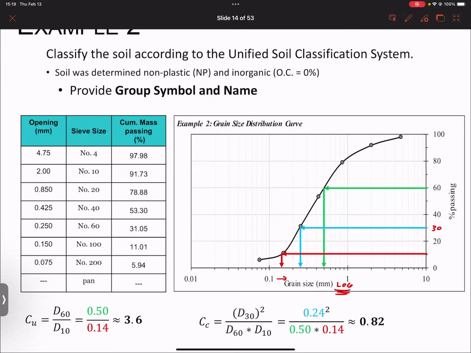So our red value, our D10, is 0.14, and we just interpolate in between using log scale. Our D30 is 0.24, and then our D60 is 0.5. Make sure you're reading the tick marks correctly.